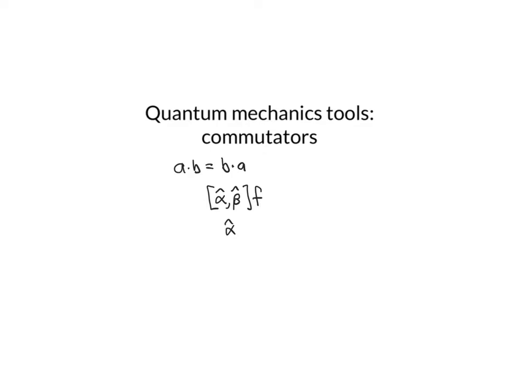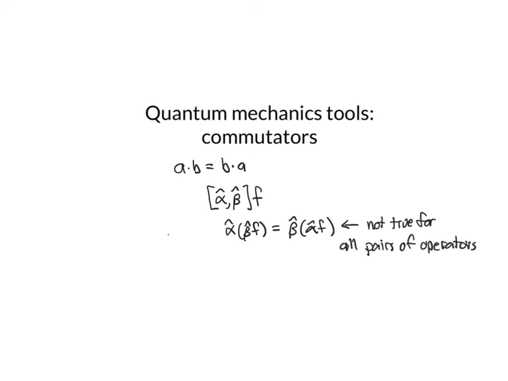If alpha and beta commute, then alpha operating on the result of beta operating on f will be equal to beta operating on the result of alpha operating on f. And it turns out that not all operators will commute. So this is not true for all operators. So let's look at some pairs of operators and try to decide whether they commute or not.